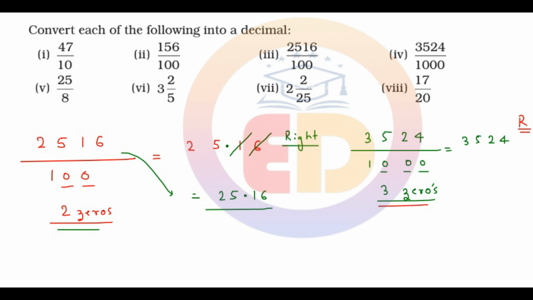From the right side, the first digit is 4, second digit is 2, third digit is 5. After counting 3 digits, I will put a decimal point. It will become 3.524. So 3524 upon 1000 becomes 3.524.